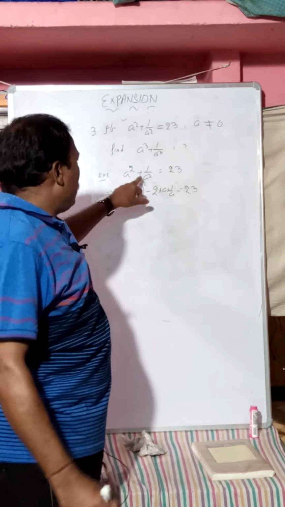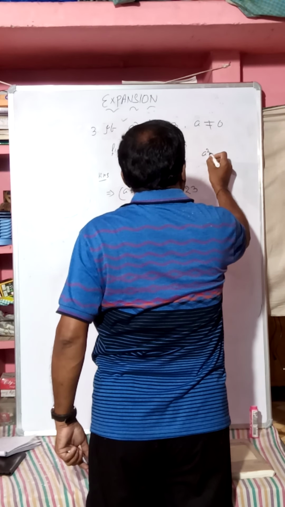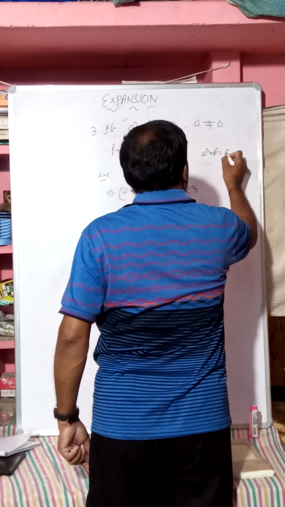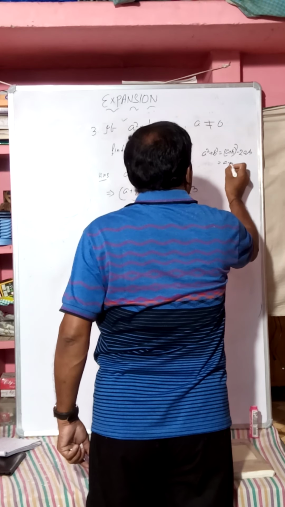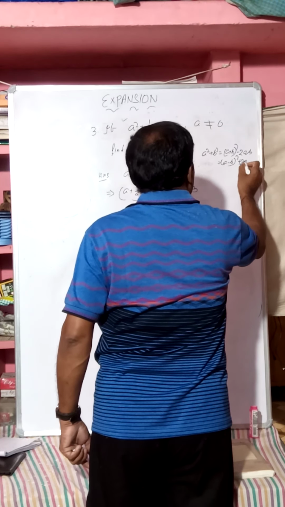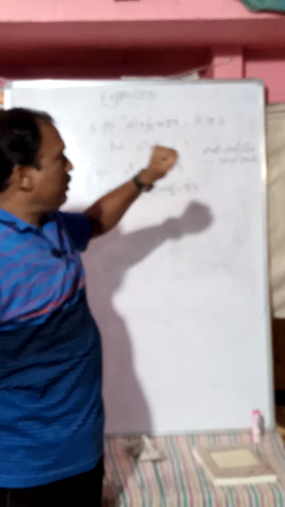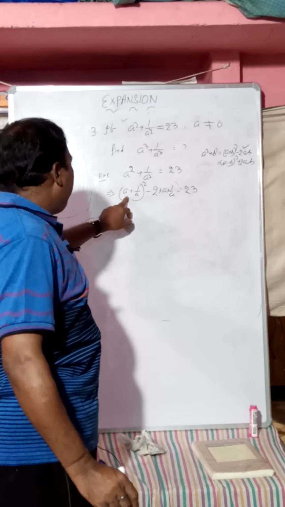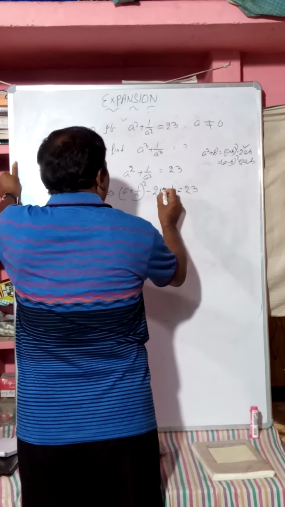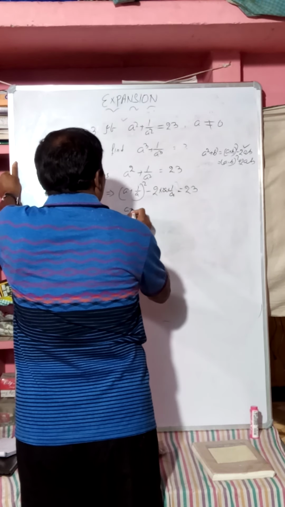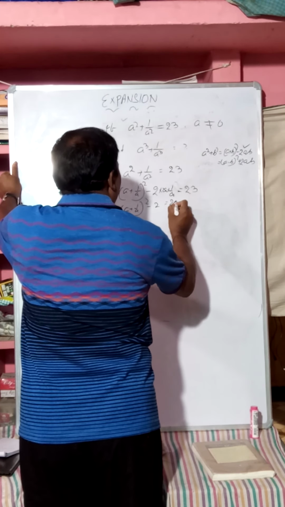We already discussed a square plus b square is equal to a plus b whole square minus 2ab, and a minus b whole square plus 2ab. This formula is adopted because we have to find out a cube plus b cube. So a plus 1 by a whole square minus 2 is equal to 23. The a cancels, so a plus 1 by a whole square is equal to 25.